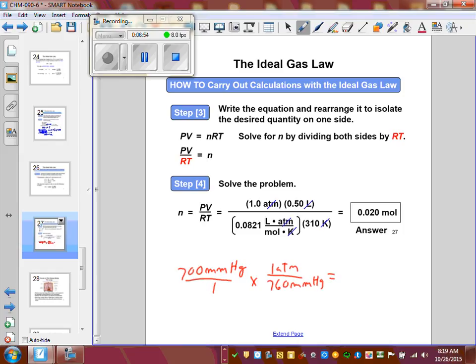If I do that, I think it comes out to be 0.92 atmosphere. Remember, your units have to cancel. So don't blindly stick numbers into the equation. You won't get the right answer. Questions?